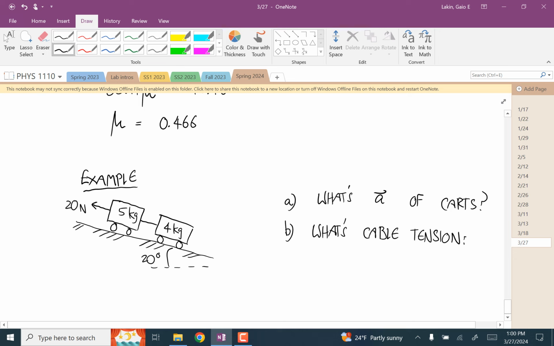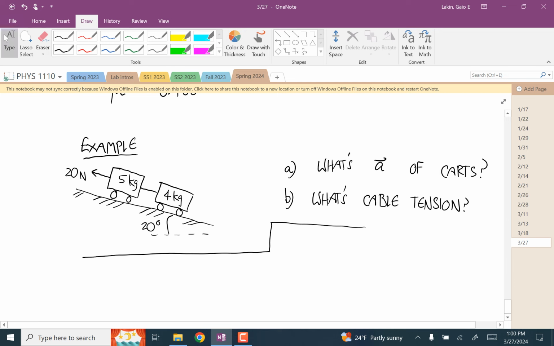That's the magnitude of the force that cable is applying to each one of those bodies. Okay. This is on an incline, so we're going to use a coordinate system like this.